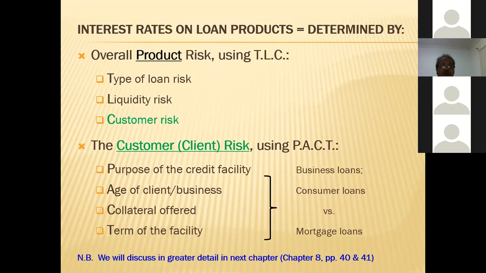Because we have salary deduction, rather than charging the maximum of 16%, we may charge, say, 13% or 12%. Let's say the interest rate range on consumer loans is anywhere from 12% to 16%.